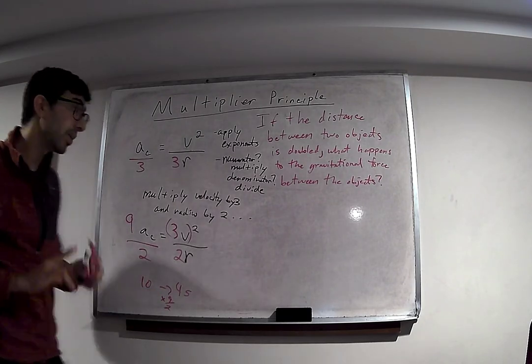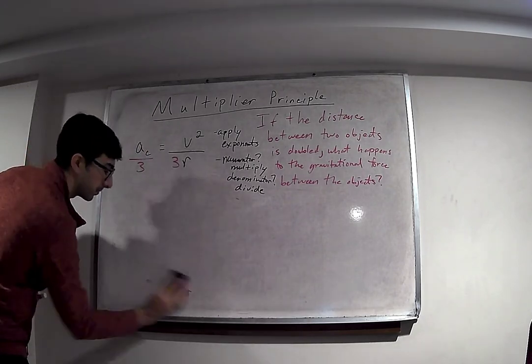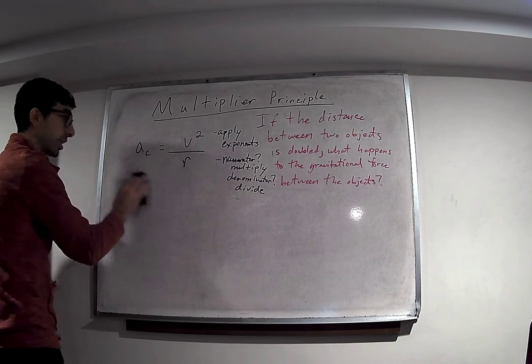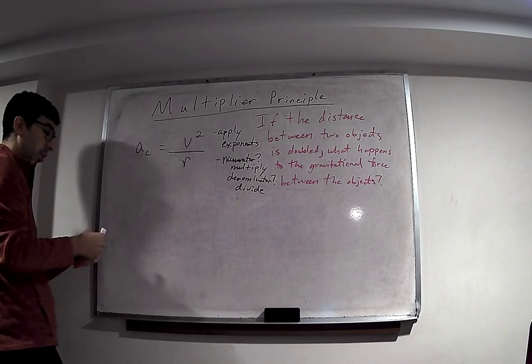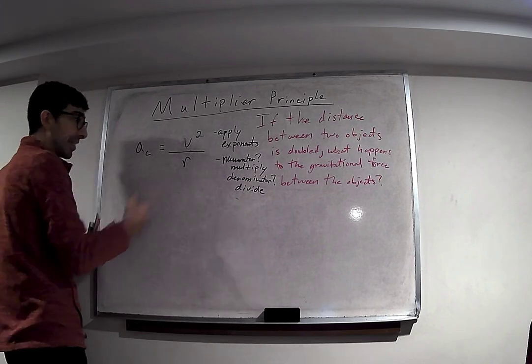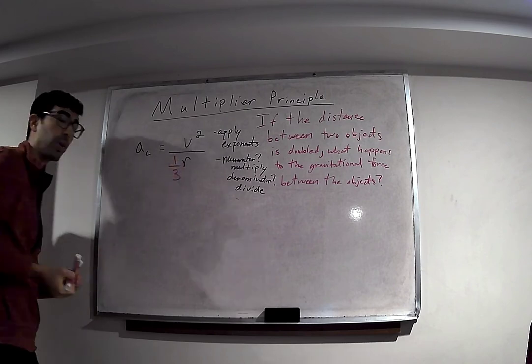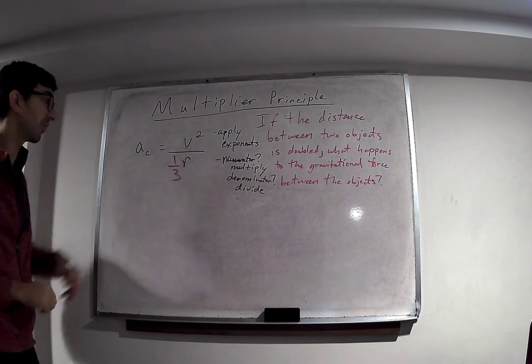Let's continue with this idea one more step. What if you have a fraction in your denominator? Well, if you have a fraction in your denominator, nothing really changes. You still apply these rules, but it looks a little different. Let's say we divide our radius by 3. So I'm multiplying this by 1/3. Remember your rules for dividing with fractions: keep, change, flip.